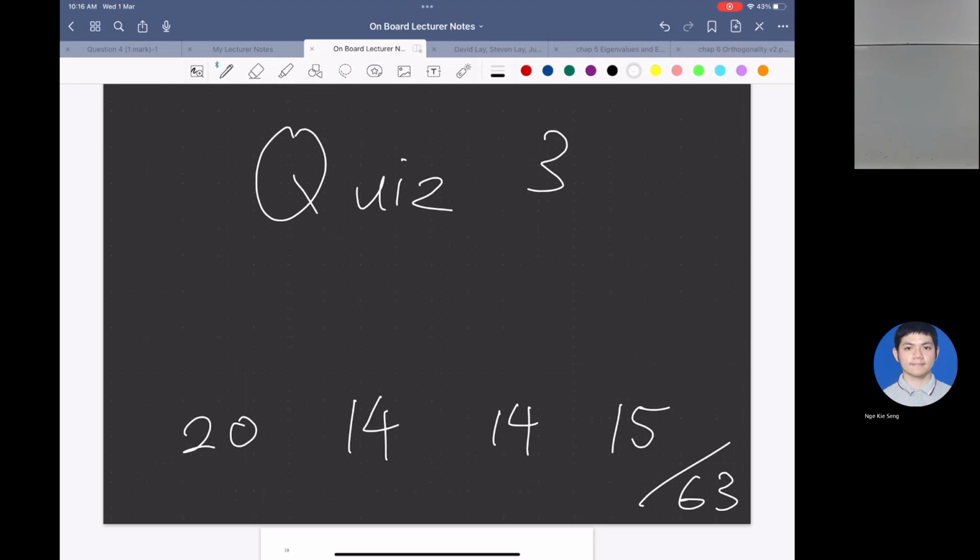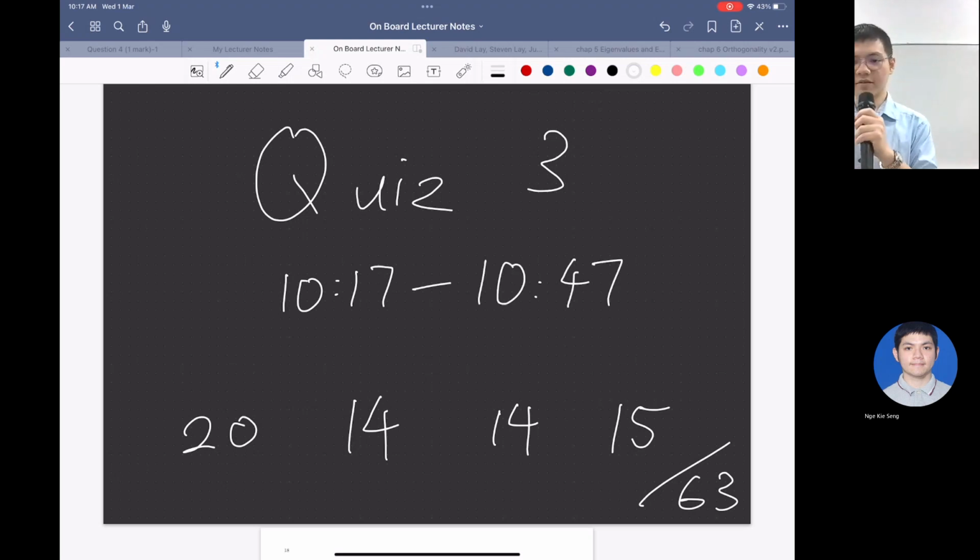Did everyone get enough papers? Okay, I think everyone came today. Okay, good. So we don't need to make the online one. Okay, so what time is it? 10:17. Okay, let's stop at 10:47. Okay, you can start now.